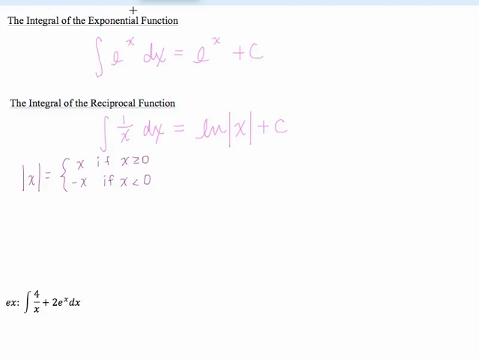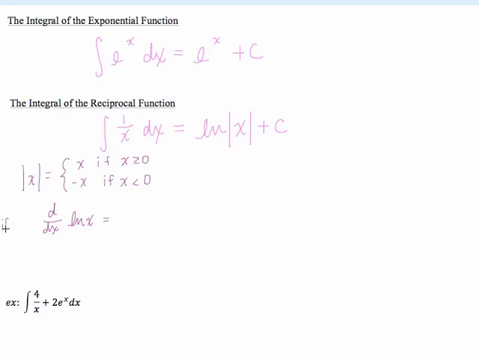What we're going to do is take the derivative of the natural log of x, and the derivative of the natural log of negative x. We're going to break it up into its piecewise function to show that both derivatives do equal 1 over x. So let's first differentiate the natural log of x.